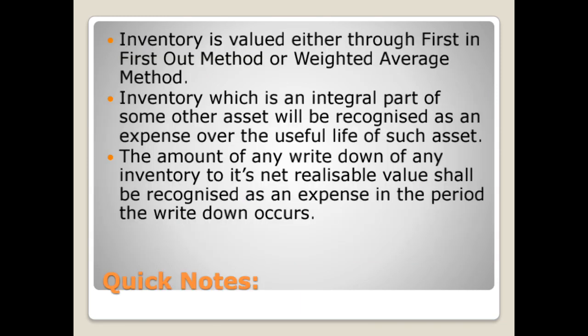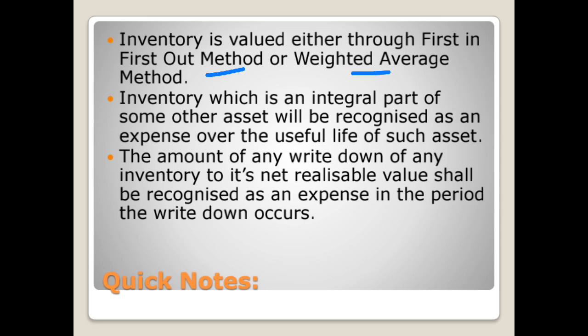Now some quick notes. Inventory is valued either through first in first out or weighted average method. My mistake, I said FIFO or LIFO earlier. LIFO method, I repeat, LIFO method is not used under Companies Act in Indian accounting standards. It's a policy that is followed in cost accountancy.